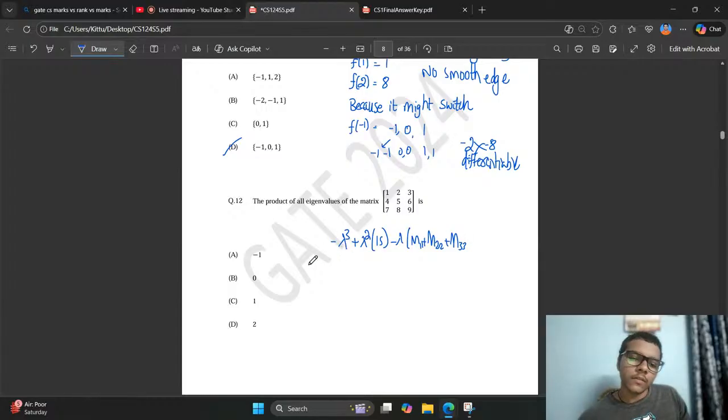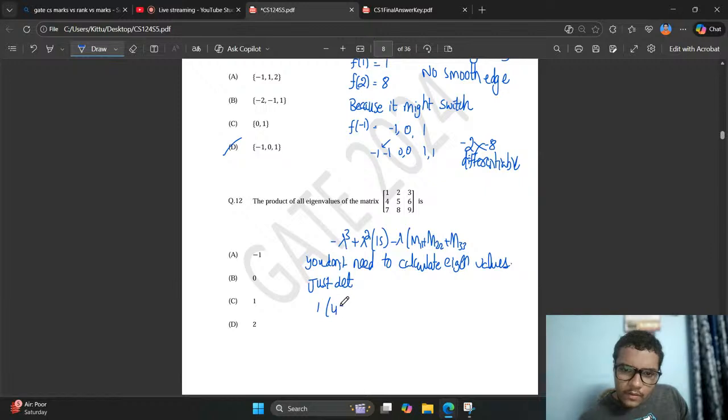Oh wait, you don't need to calculate eigenvalues. Just that. Okay, so determinant: 1 into 45 minus 48, minus 2 into 42 plus 3 into 32 minus 35.